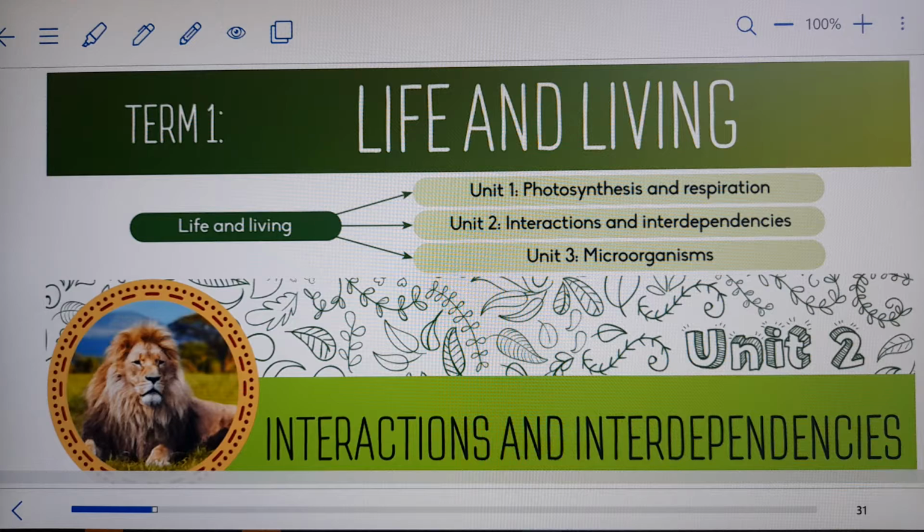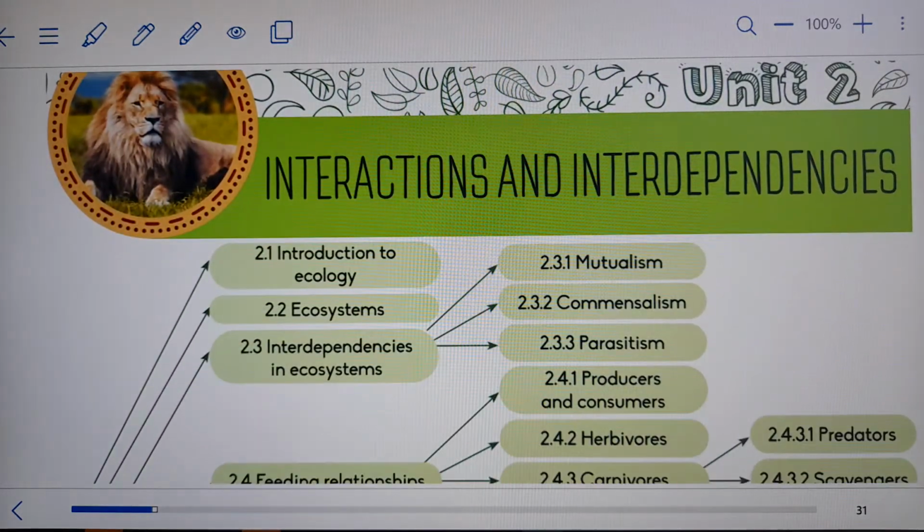All right, let's see what we have in unit number 2. We've got a breakdown of what we are going to cover. In this lesson, we will cover the introduction to ecology. We'll cover ecosystems. We'll cover interdependencies in ecosystems, and that will be broken down into 3: mutualism, commensalism, and parasitism.